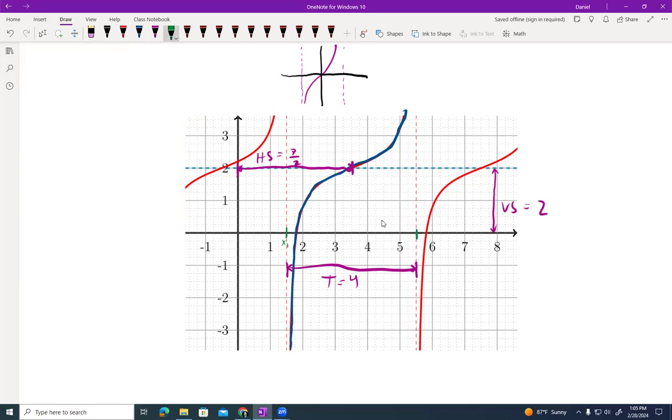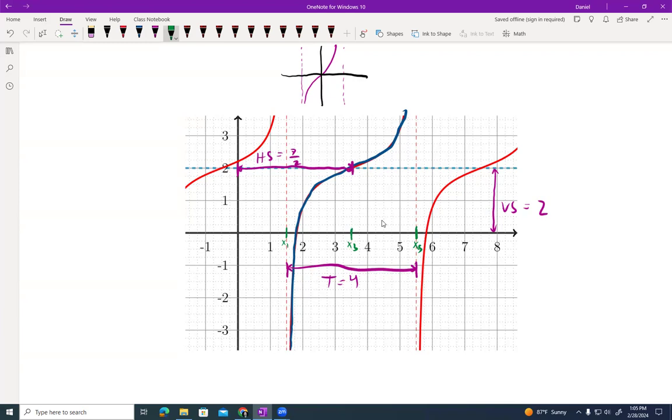Your last key point is at this next vertical asymptote, so that's going to be your x5. Now, halfway in between your two vertical asymptotes is your middle key point right here, x3. And remember that corresponds to where the graph actually crosses the axis of symmetry right there.